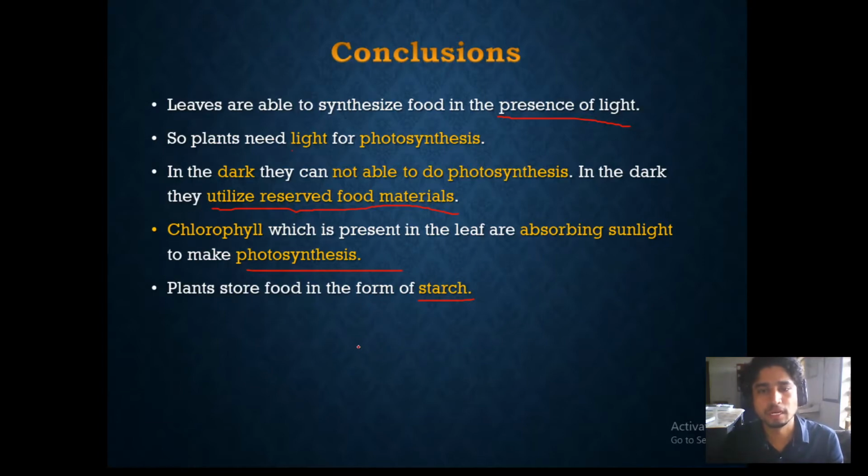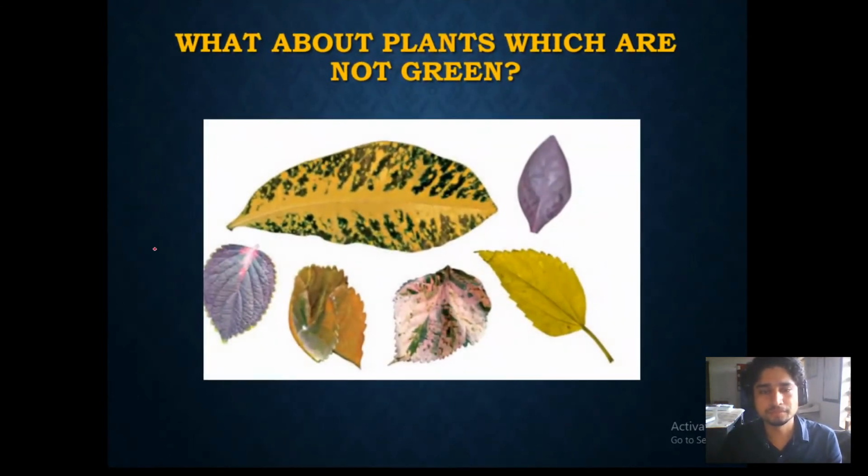When we did the starch test, the part kept in the light produced a lot of starch because it had undergone photosynthesis, and the one kept in the dark was not able to produce starch because it could not do photosynthesis. I hope you are clear up to here.